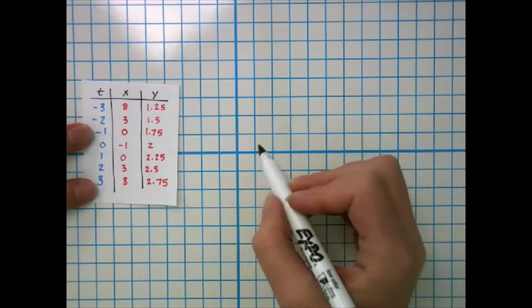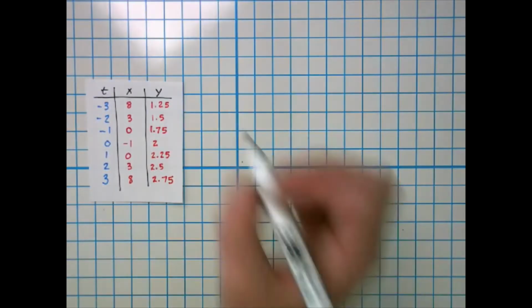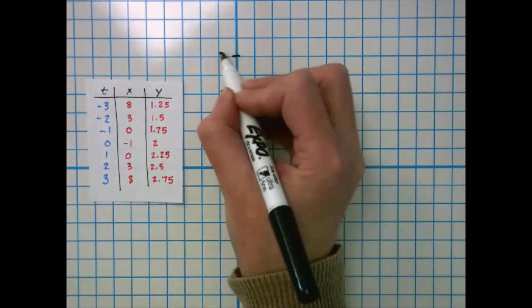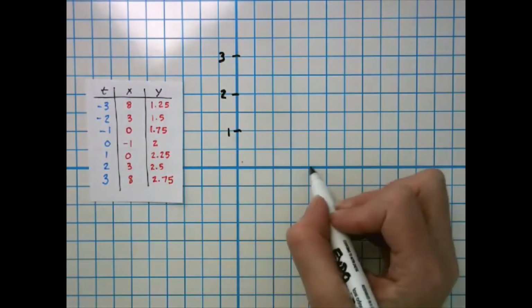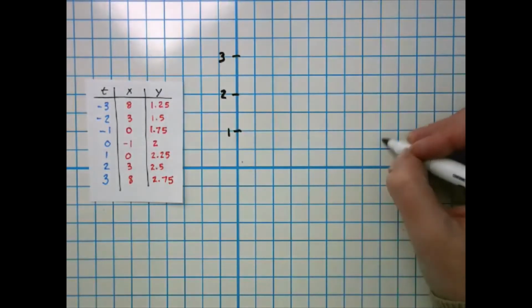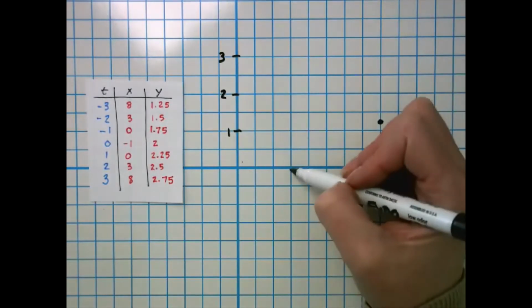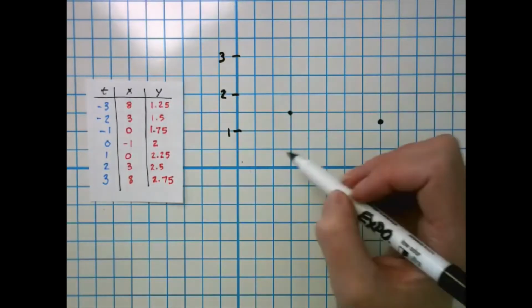So we'd go to an x value of, and actually I'm going to alter my y-axis. On my y-axis, we'll make this 1, make this 2, make this 3, because we've got kind of small values of y. So we're going to go out to 8 in the x direction, 1, 2, 3, 4, 5, 6, 7, 8, and we're going to get 1.25. We're going to have an x value of 3 and a y value of 1.5.